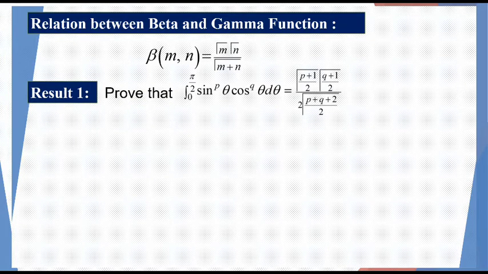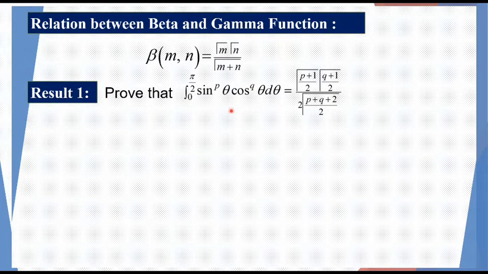First result, prove that the integral 0 to pi by 2 sin raised to power p theta cos raised to power q theta d theta equals gamma (p plus 1 by 2) gamma (q plus 1 by 2) upon 2 gamma (p plus q plus 2 by 2).